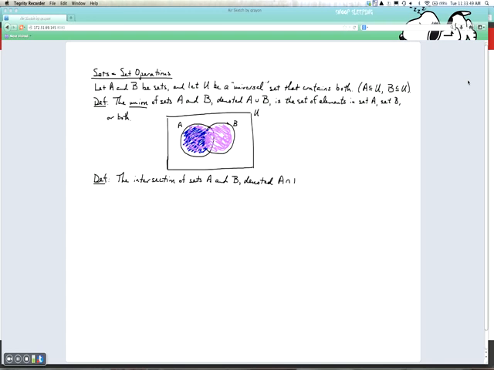So A ∩ B, A intersect B. This is the set of elements in both set A and set B.